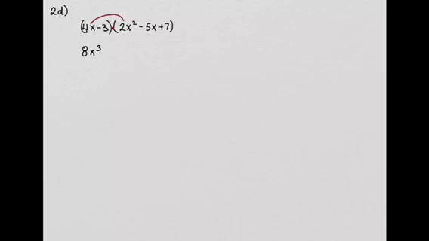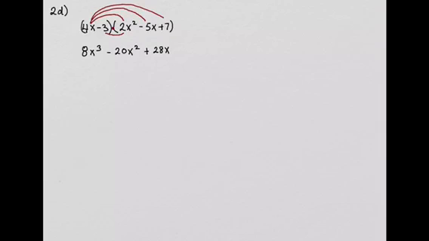Then I distribute the 4x again to the second term, and that will give me minus 20x squared. Then I distribute the 4x to the third term, and that will give me a positive 28x.